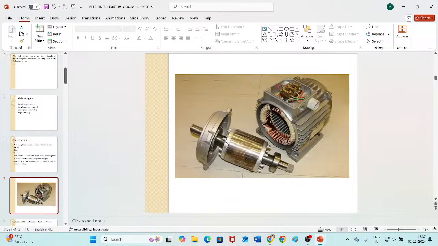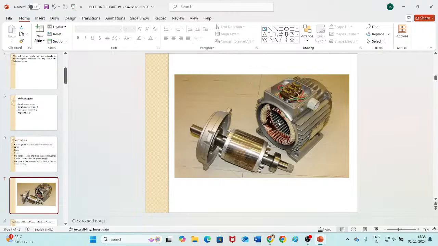In your DC machine, you have poles and armature. Poles are the static part, armature is the rotating part. Similarly, in your induction motor, the core, here the stator, is the static part. This is our stator and this is our rotor.